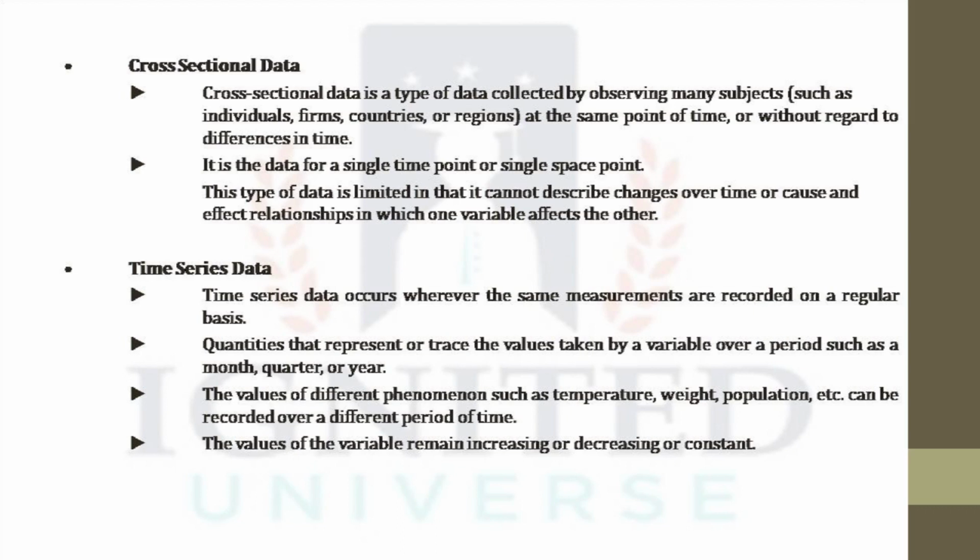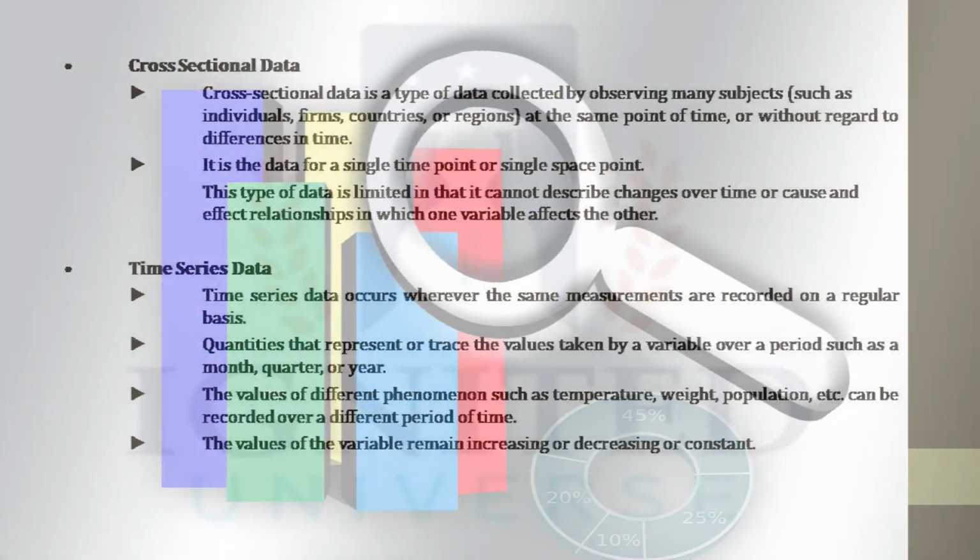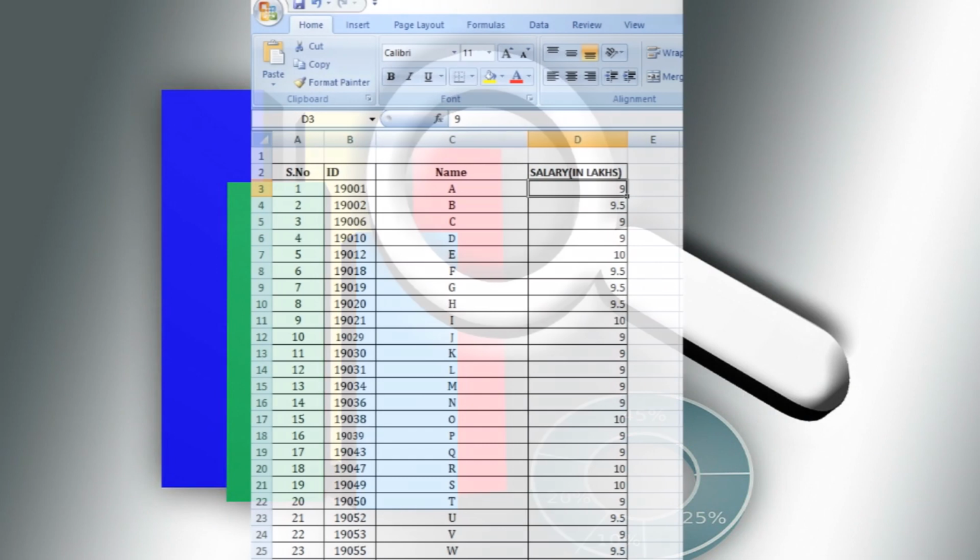This type of data is limited in that it cannot describe the changes over time or cause and effect relationships in which one variable affects the other. An example of cross-sectional data is, say, like this.